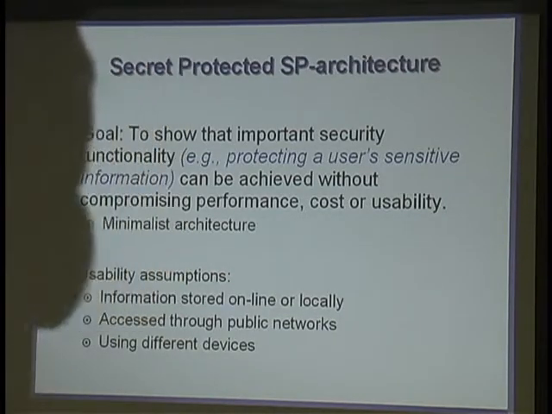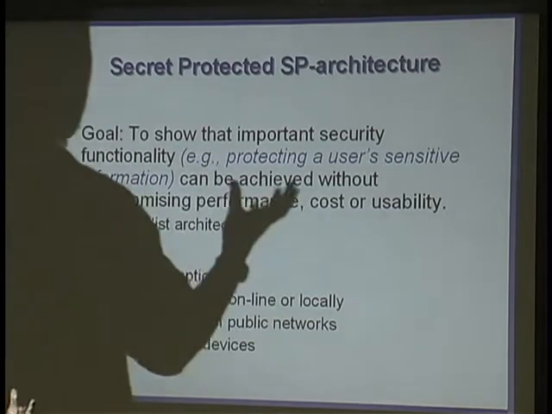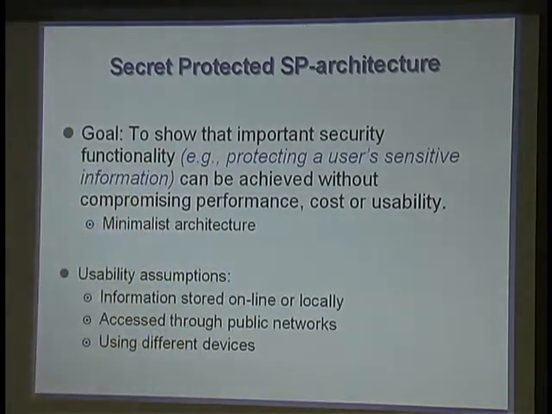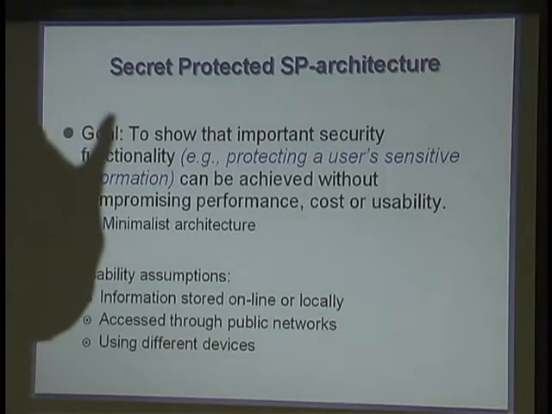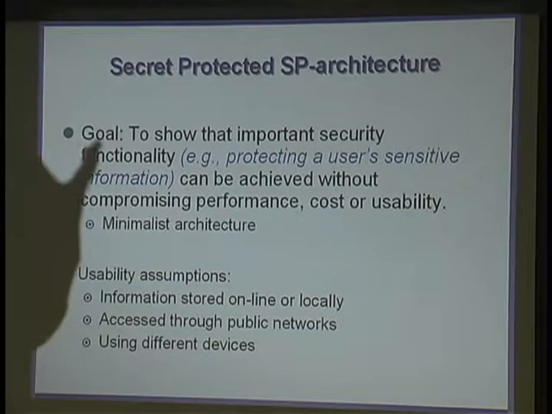The usability assumption is that the user wants the model of his information miraculously stored online and accessible by him through these client devices from anywhere in the world and through the public networks, okay?